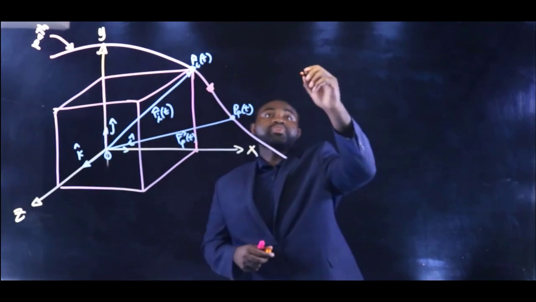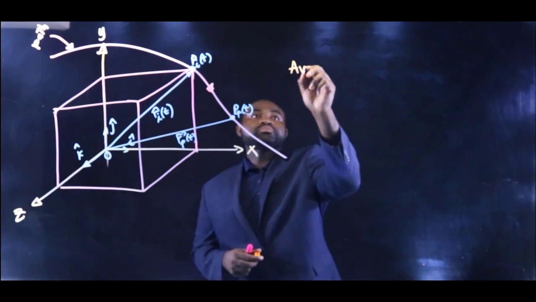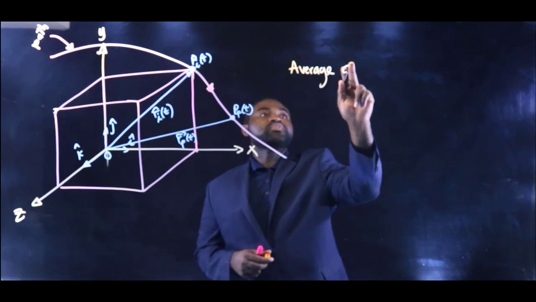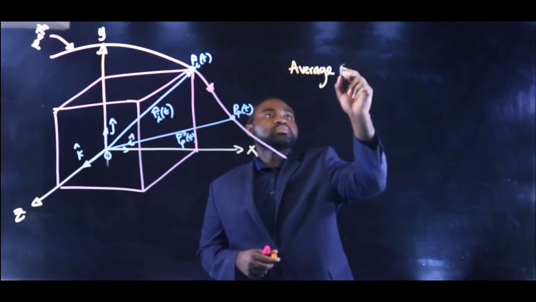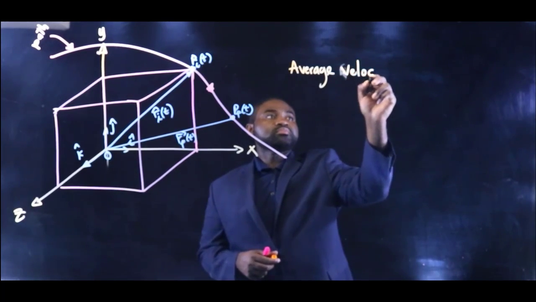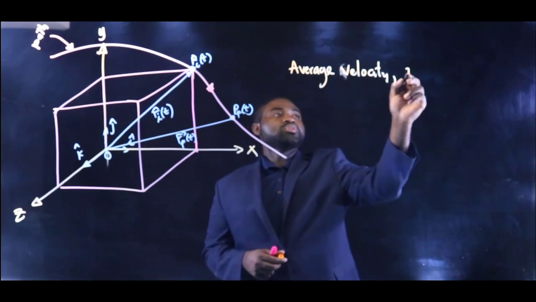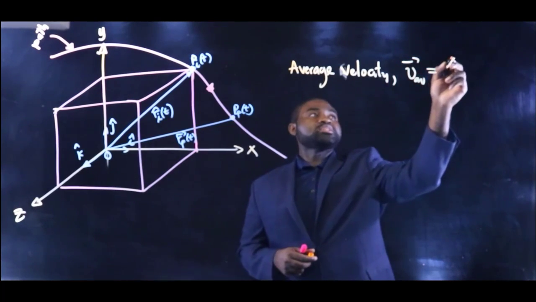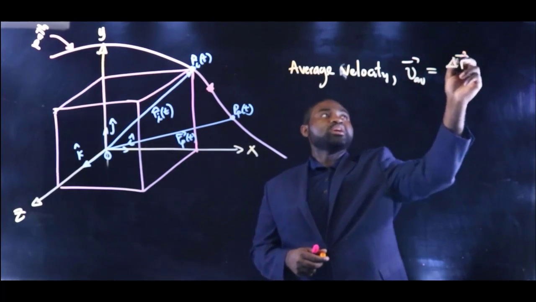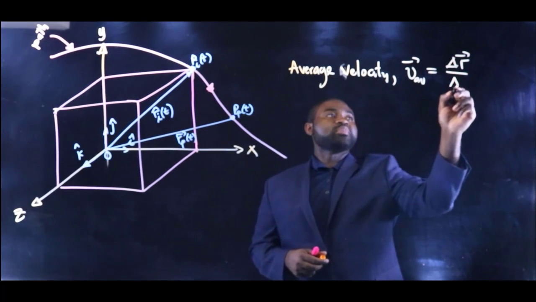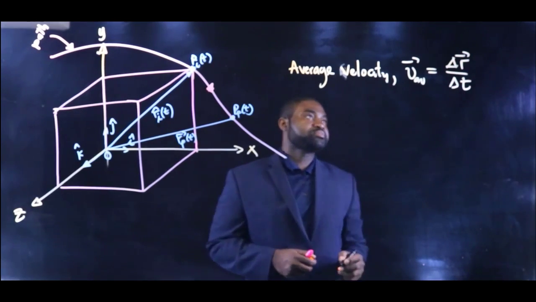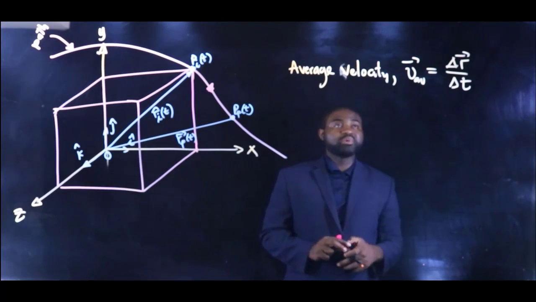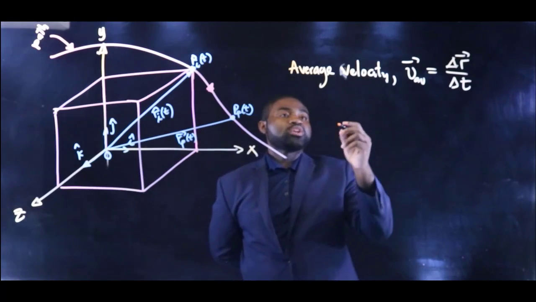So the average velocity, V average, is defined as the change in the position divided by the time interval. It's just the change in displacement divided by the time interval. But what do we know?